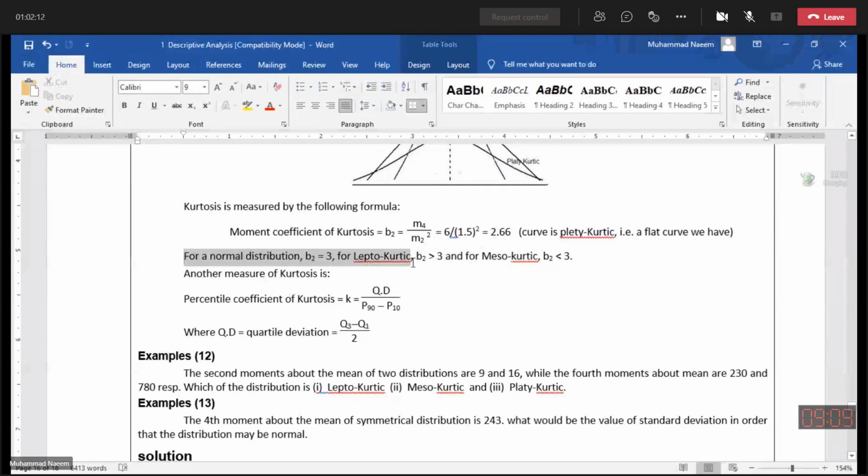With this criteria, if this coefficient of kurtosis B2 is equal to 3, the curve is normal.